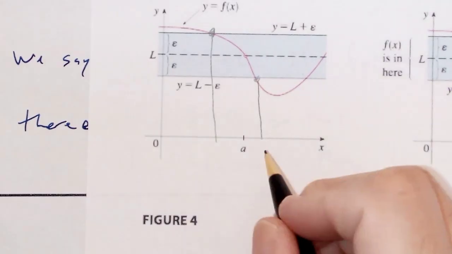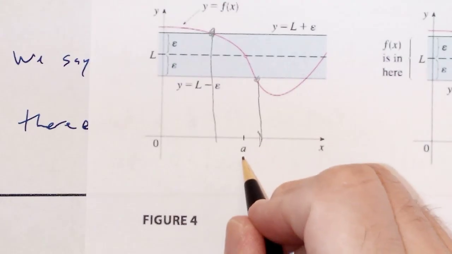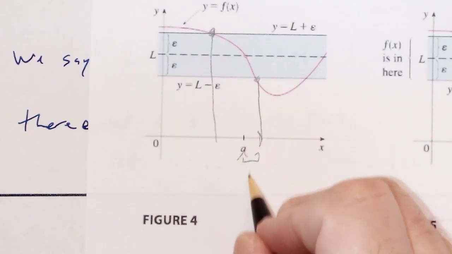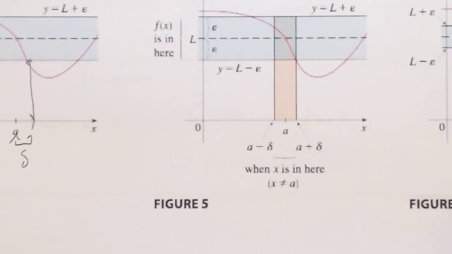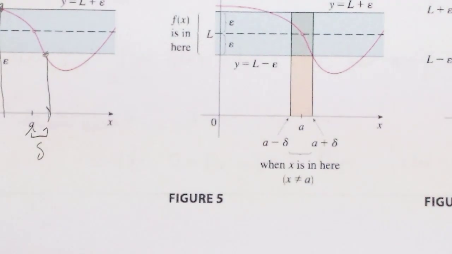So I'm going to say that this distance, that's my delta, the smaller of the two distances. And then I'll only allow myself to go that far on either side. I can go A plus delta or A minus delta.